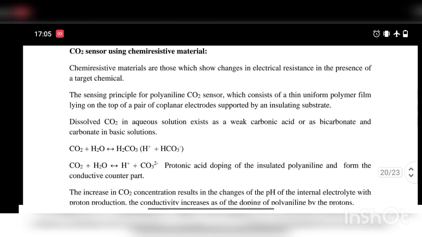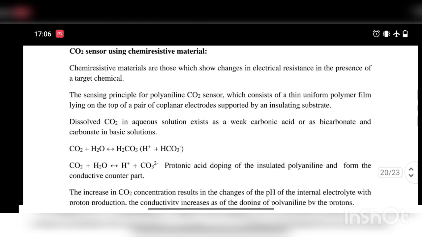So we can analyze an unknown gas or solution concentration by the adsorption of that substance onto the chemi-resistive material, whose interaction causes a change in electrical resistance and thereby a change in conductance. We know that conductance is the reciprocal of resistance. So the change in resistance, and thereby conductance, is indicative of the concentration of that particular analyte or target material.